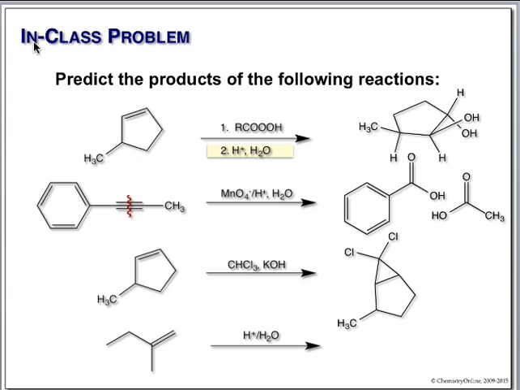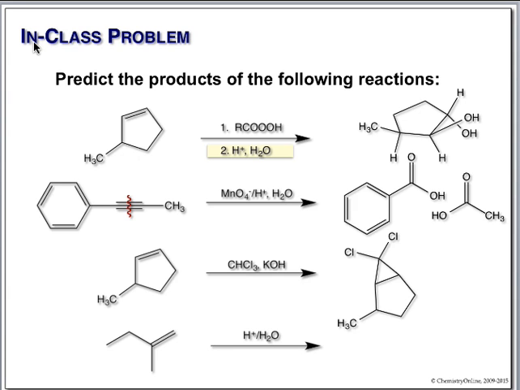And our last reaction in the set, we simply have an alkene, and we're doing hydration with aqueous acid. Now what we know about this is that this is going to form a carbocation intermediate. We're going to form an alcohol.